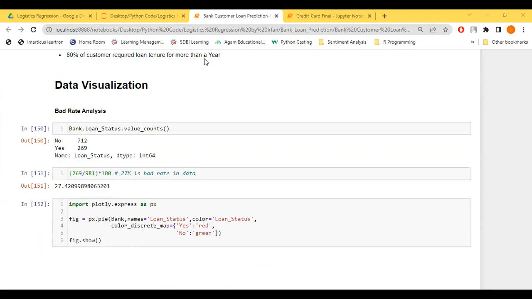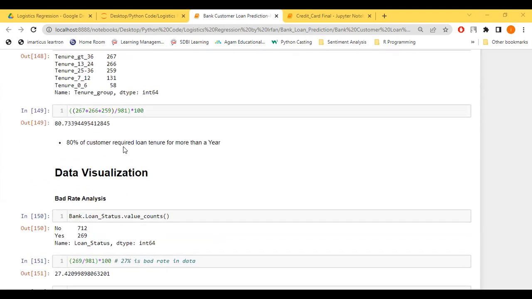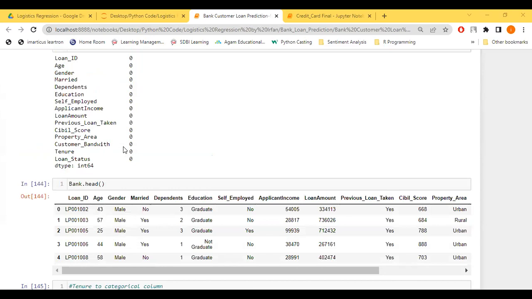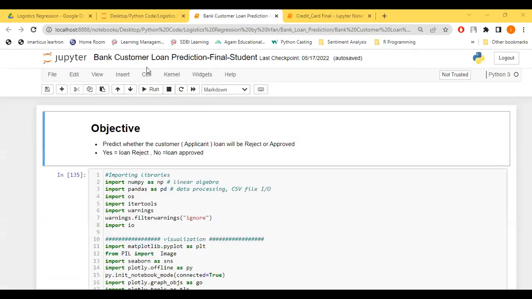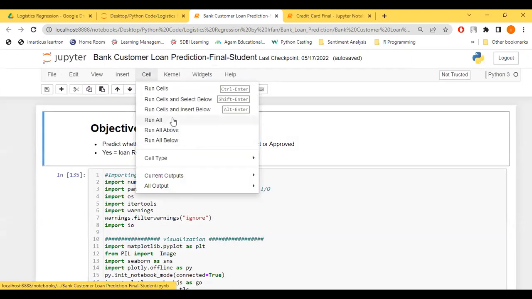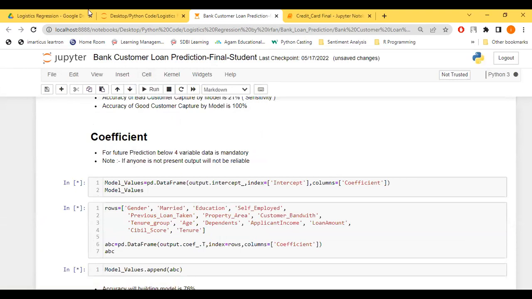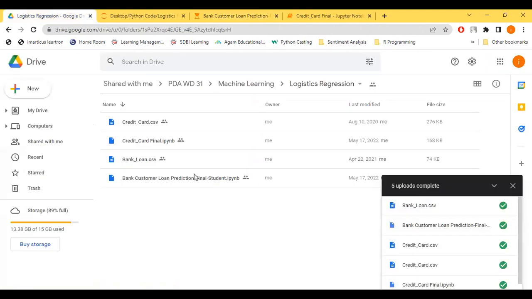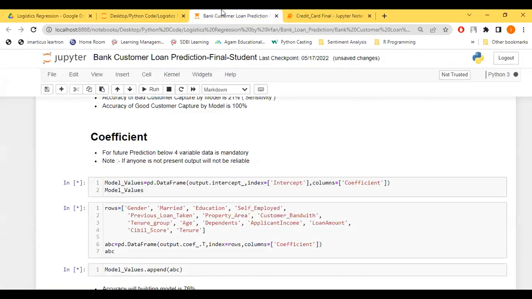At least download this code and run this code. If you're getting an error anywhere, just inform me. Customer loan, bank loan, something.